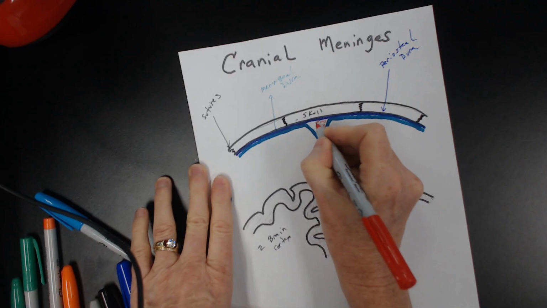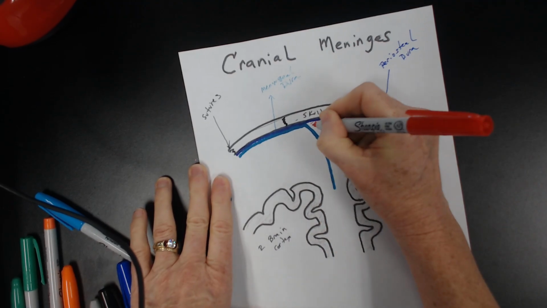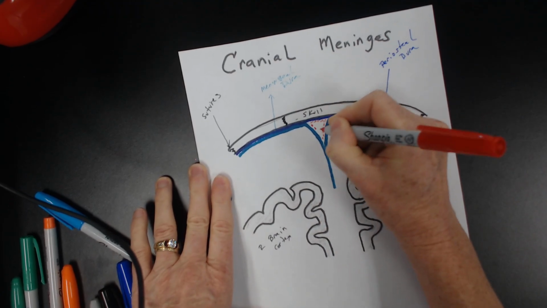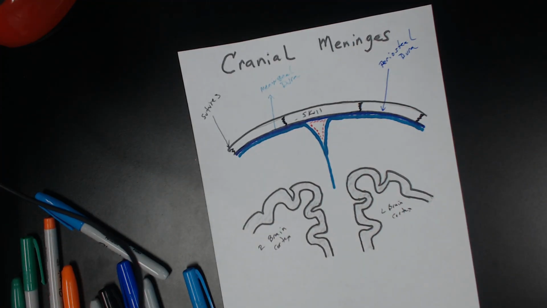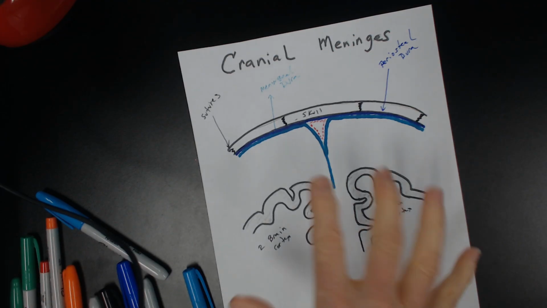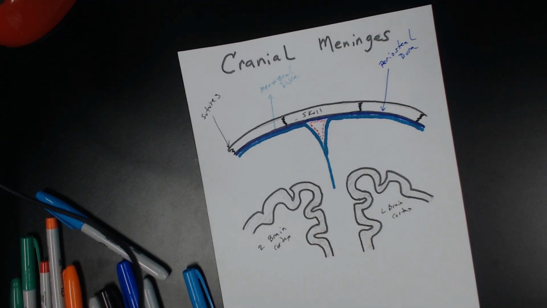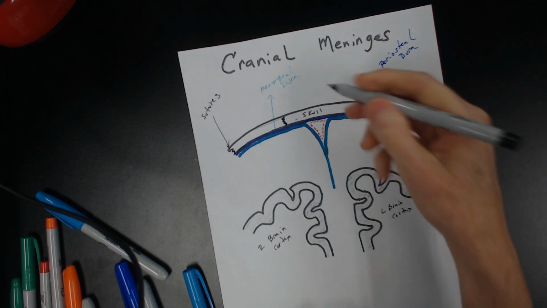That's known as your superior sagittal sinus. I'll write that up in a minute. The superior sagittal sinus is going to be the main vessel that drains all the venous blood from CNS circulation, as well as the CSF, and we'll look at that as the class progresses. I'll label that as this little invagination here.